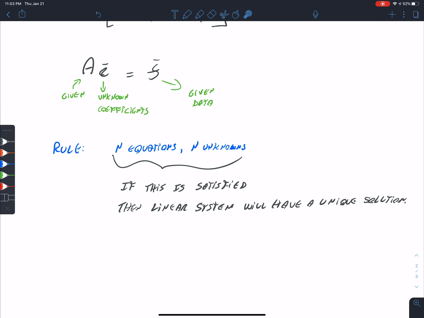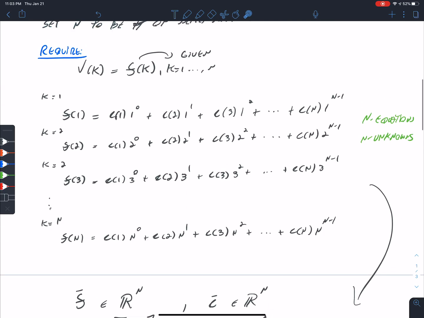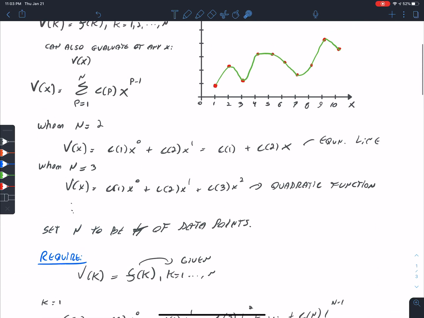Once you have these unknown coefficients, then all you have to do is plug this into the formula for the polynomial, and you can evaluate your function at any x. So if you'd like to produce this green curve here that goes through the points, you can.